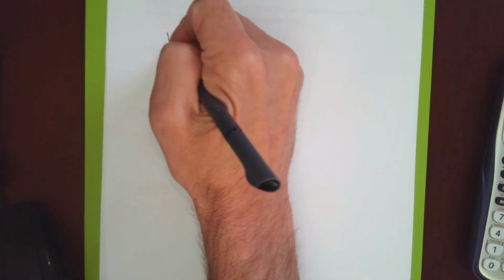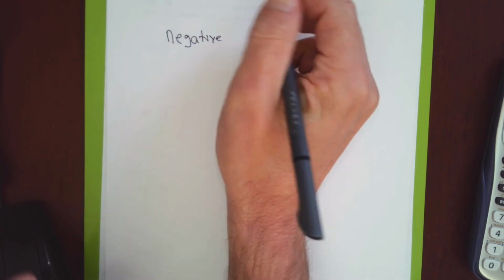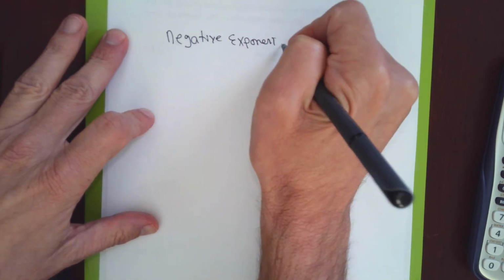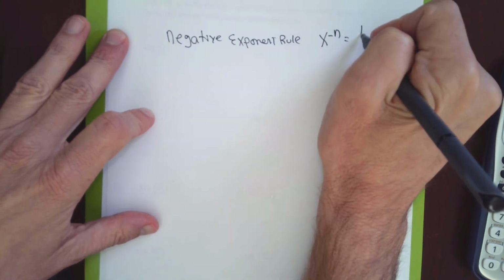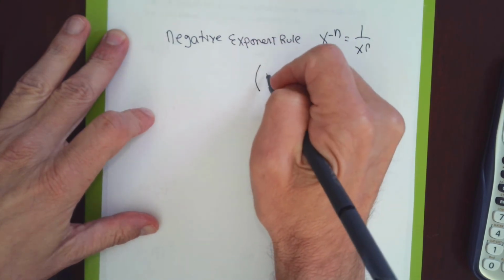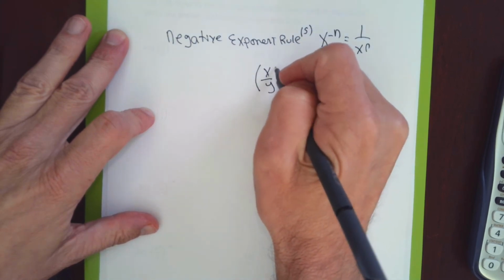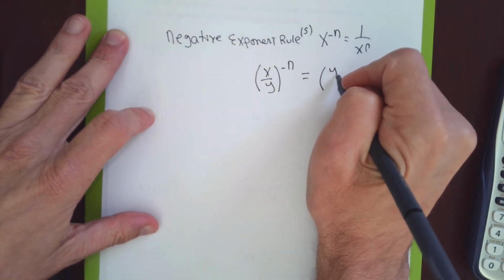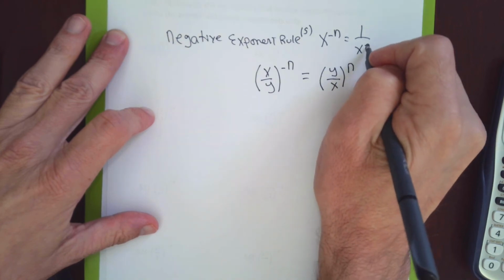So the general negative exponent rule, if the base isn't a fraction, to say x to the negative n is 1 over x to the n is fine, but if the base is a fraction, I could make the negative exponent positive quickly by just flipping the fraction and making the exponent positive.